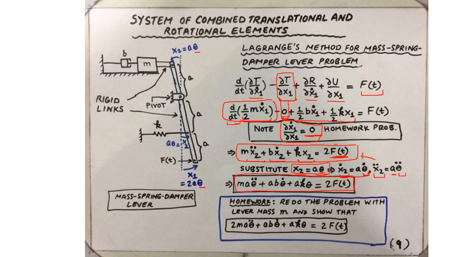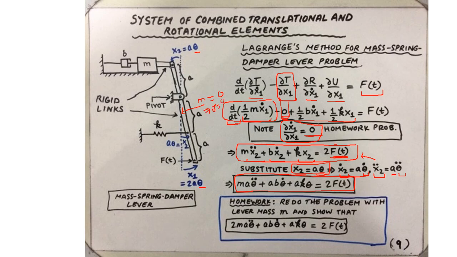plus a k times theta. Now in this problem, we assume that the mass of the lever is 0. So the m is 0. Therefore, the moment of inertia for the lever was equal to 0.